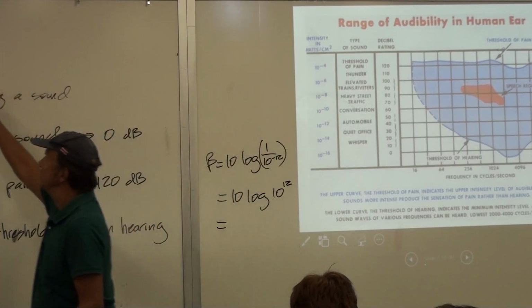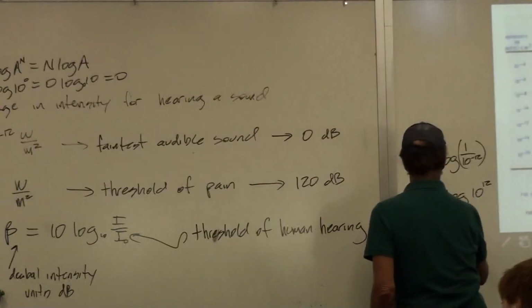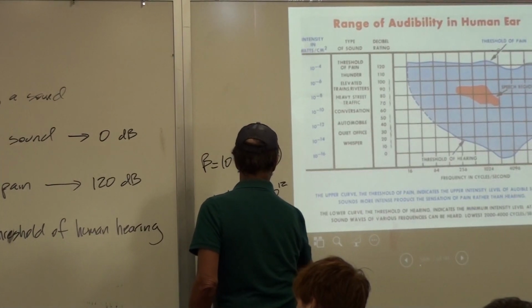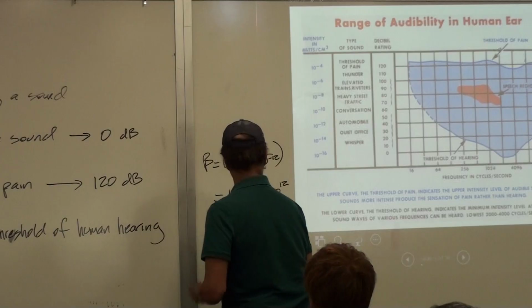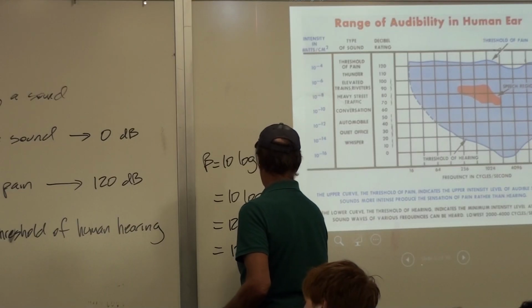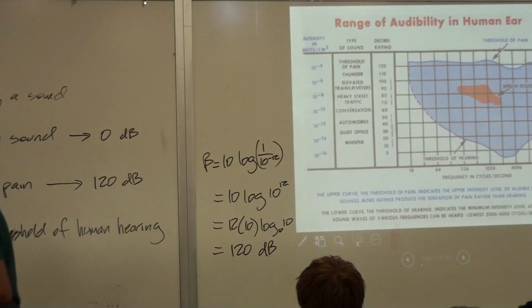But then, using this basic property of logarithms, we can write this as 12 times 10 times the base 10 logarithm of 10, but that's just 1. And so that's 120 decibels. Okay, so that's what you're dealing with at the threshold for pain.